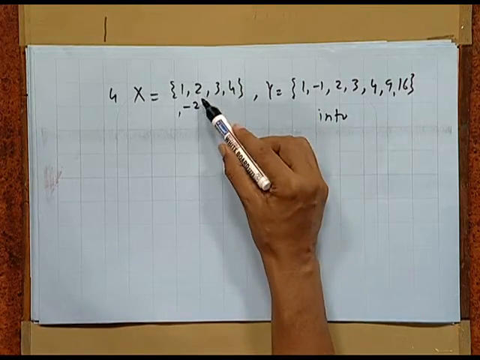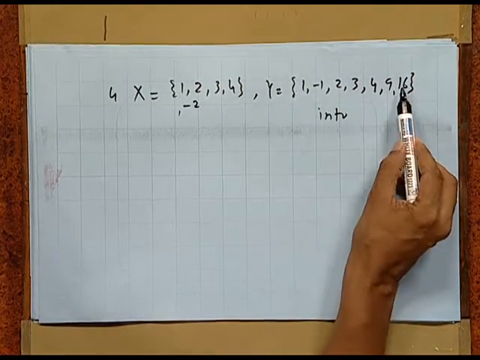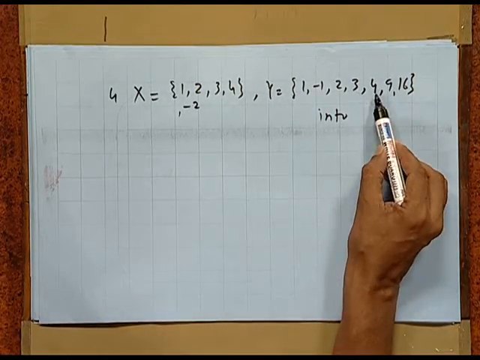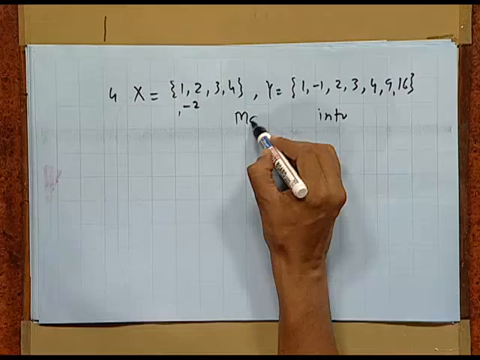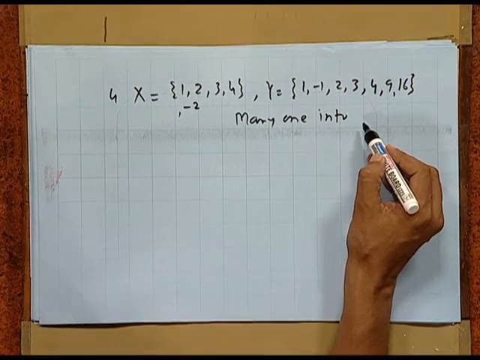Look, here 1 has image 1, 2 has image 4, 3 has image 9, 4 has image 16, but again minus 2 has image 4. So, 2 and minus 2 both have a common image. So, it is a case of many-one and into.